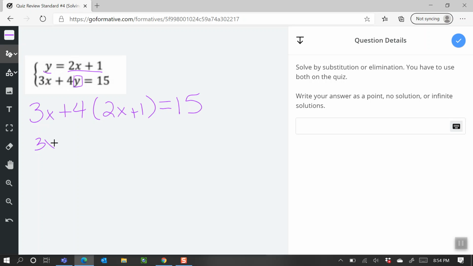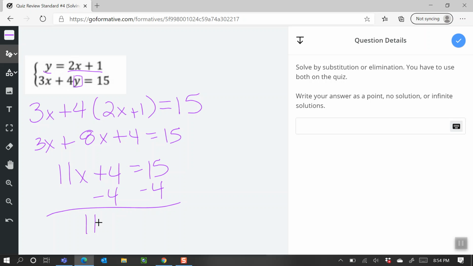Distribute: 3x plus 8x plus 4 equals 15. 11x plus 4 equals 15. Minus 4. 11x equals 11. Divide by 11, x equals 1.